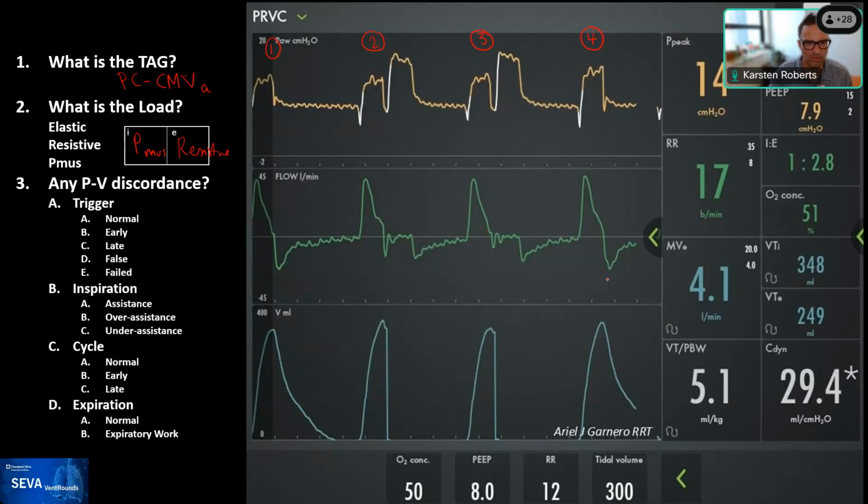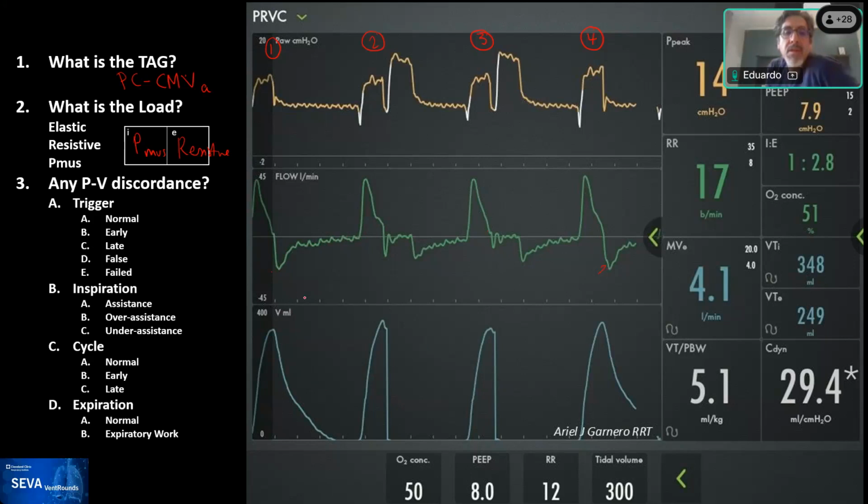To me, this looks almost passive. Do you agree, Rob or Eduardo? Yeah, I think so. It's a very curious image.